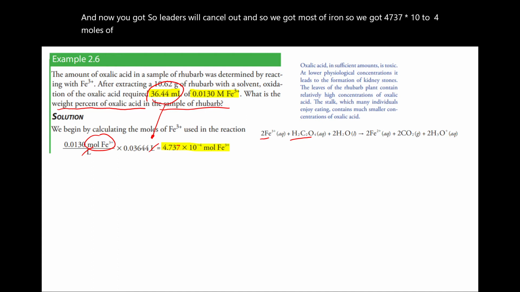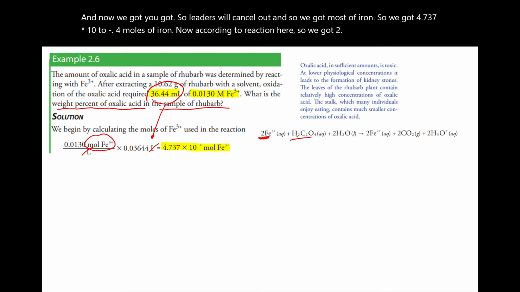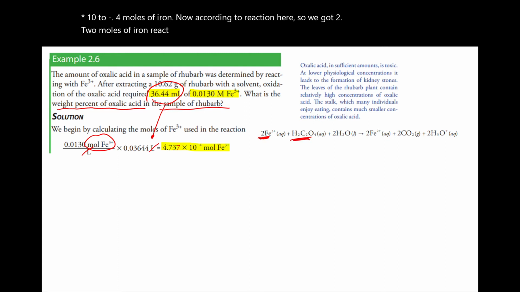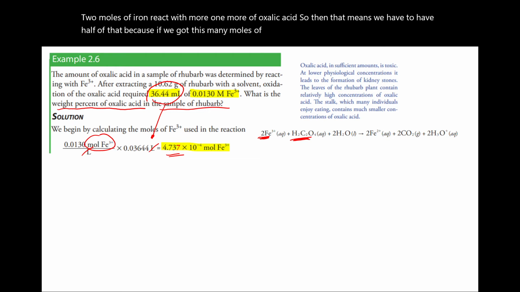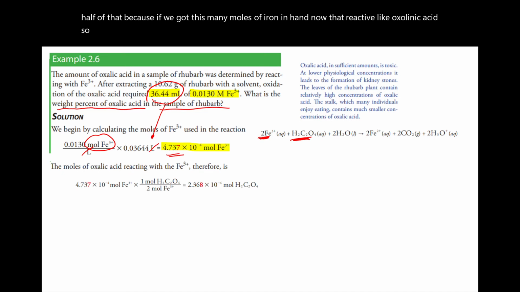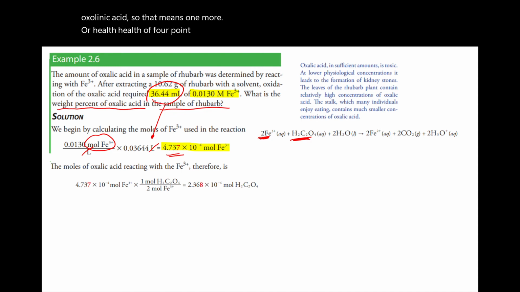Now, according to the reaction, 2 moles of iron react with 1 mole of oxalic acid. So we have to take half of that, because if we have this many moles of iron that reacted with oxalic acid, that means 1 mole of oxalic acid per 2 moles of iron.